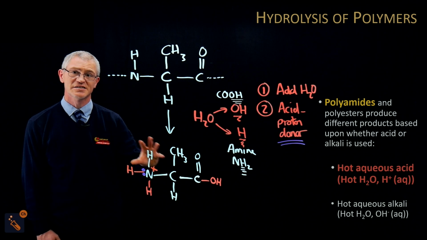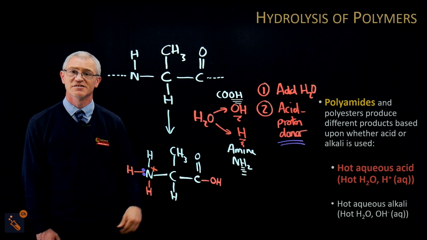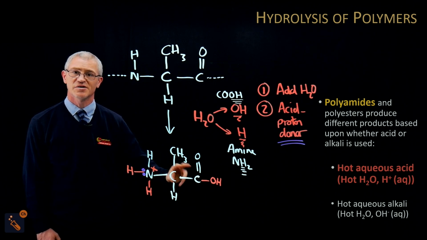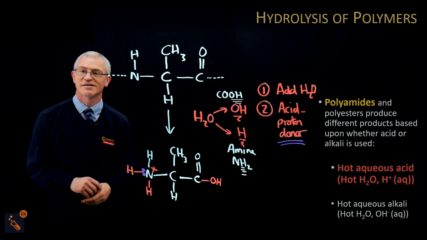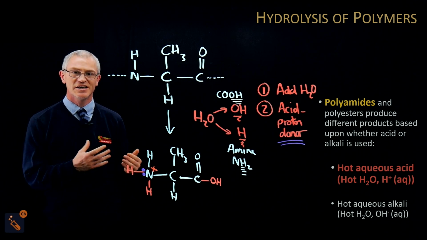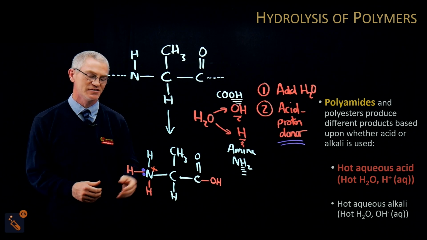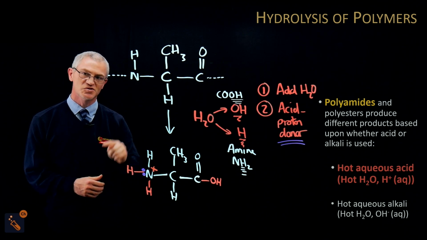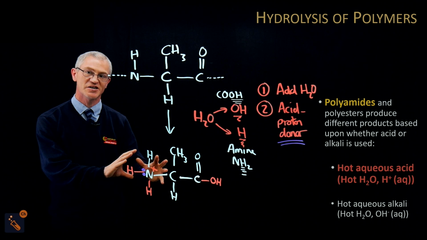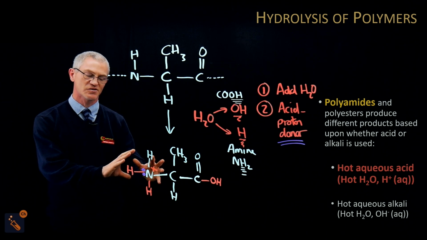Now that means we get this salt here, and that's what you get when you get hot aqueous acid with H2O and H+. Now, we'll show you in later parts of the video how if we name the actual full acid, for example, hydrochloric acid or sulfuric acid, that this becomes a full salt instead of just this positive ion part of the salt, okay?